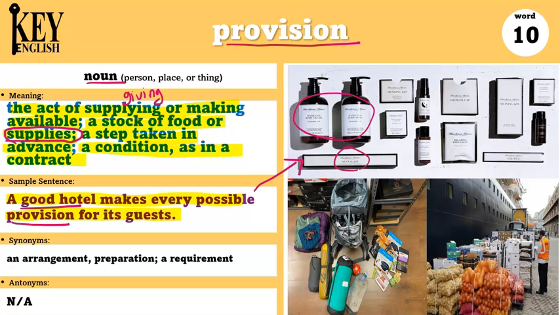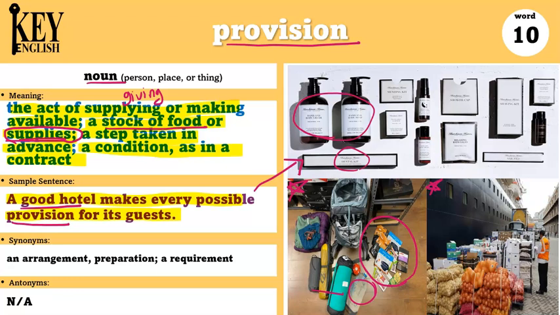For example, we could also say the campers packed lots of provisions. So when they went camping, they needed to pack things like food and water and their sleeping items. So all of these things can be called provisions. They are the stock of food or supplies that someone needs or someone has.